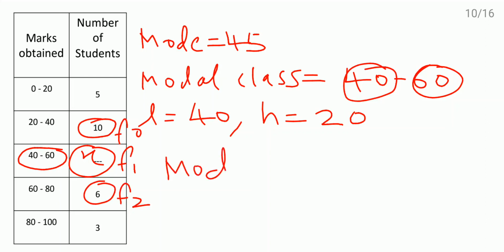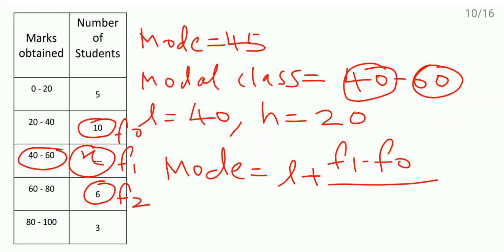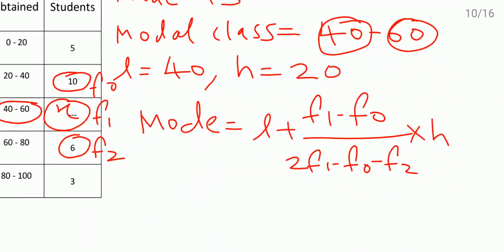So here, mode is equal to, oh, I forgot one thing here. What is that? L. So L plus F1 minus F0 divided by 2 times F1 minus F0 minus F2, into H. We'll just substitute the values here.